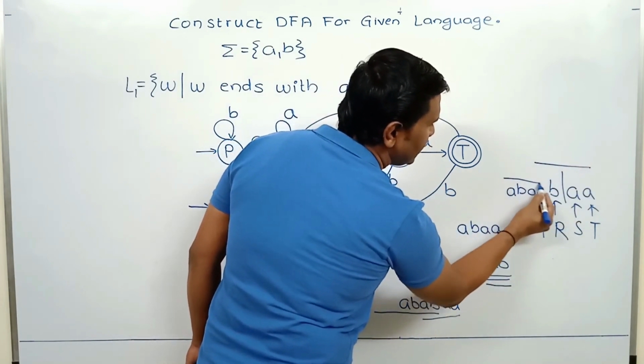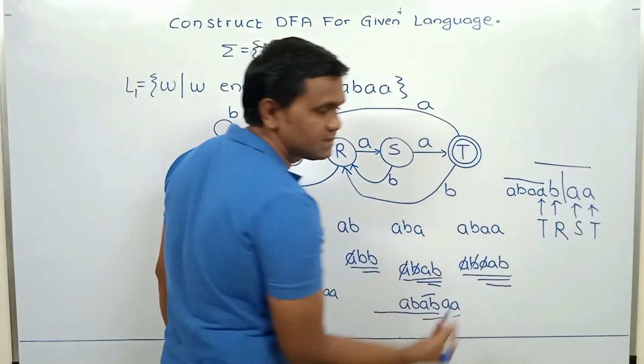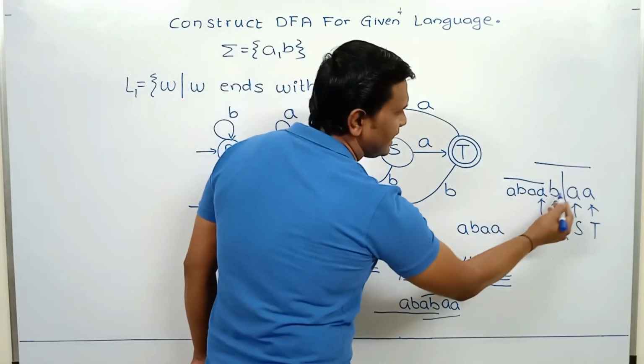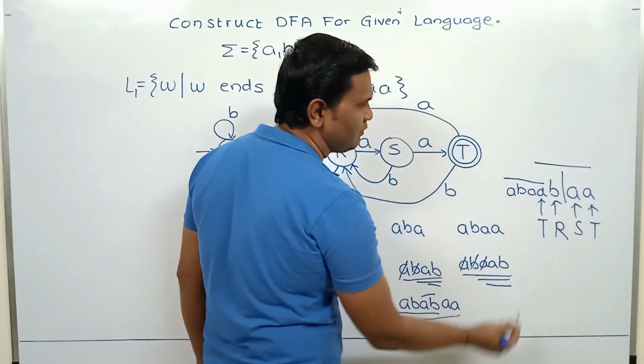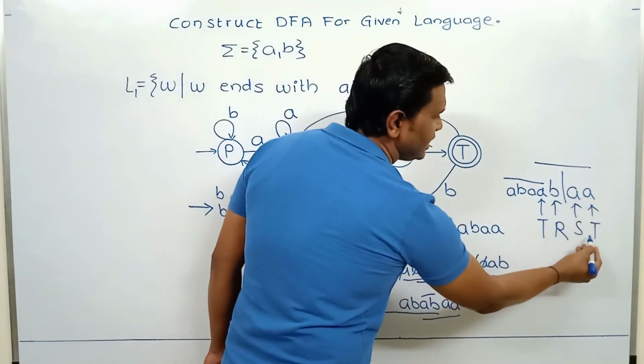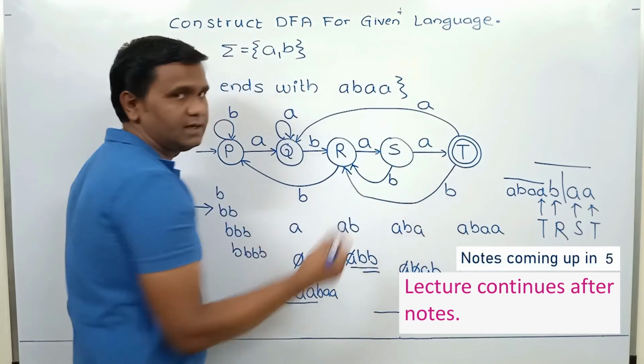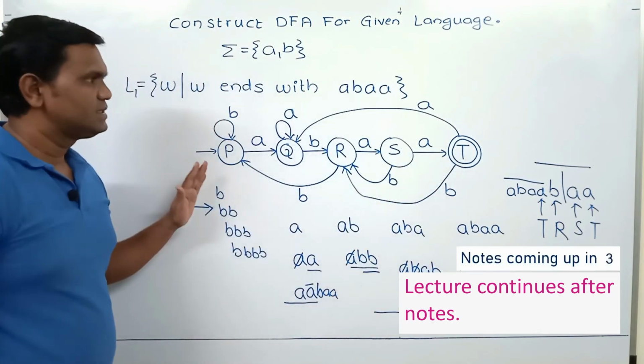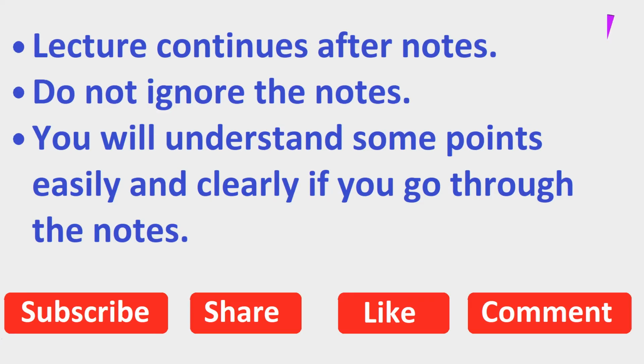So this is the first ABAA for which it went to final state T. After that we are handling the transition for B, for which we come back to state R. And now if AA comes, it will enter state T. So this is the required DFA.